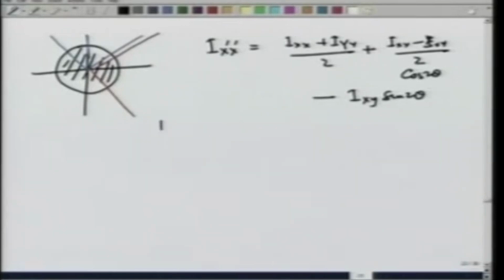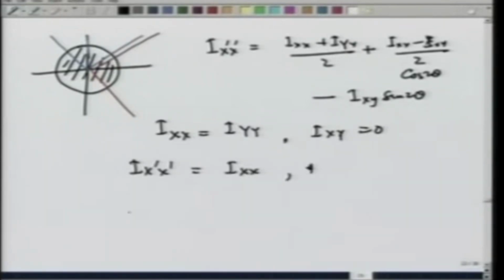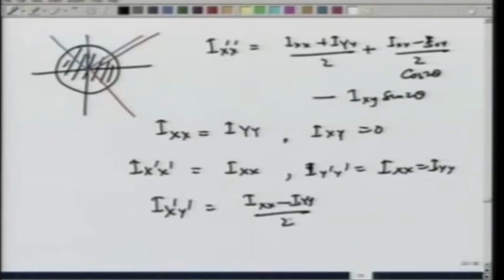Now for a circular area, Ixx is equal to Iyy and Ixy is 0, and therefore Ix prime is going to be equal to Ixx, and Iy prime is also going to be equal to Ixx equals Iyy, and Ix prime y prime, which is equal to Ixx minus Iyy divided by 2 sine of 2 theta plus Ixy cosine of 2 theta, is also going to be 0. This is expected for a circle.